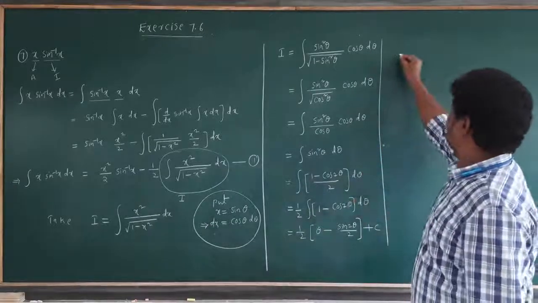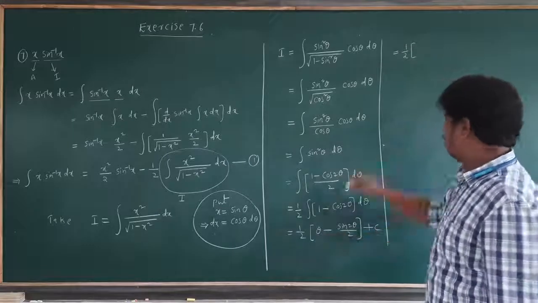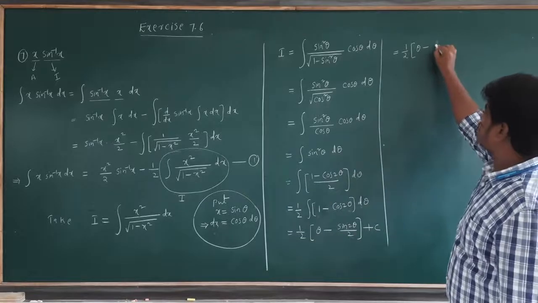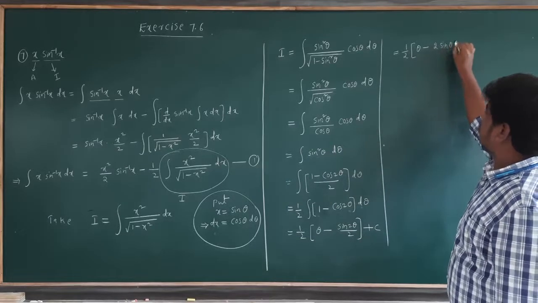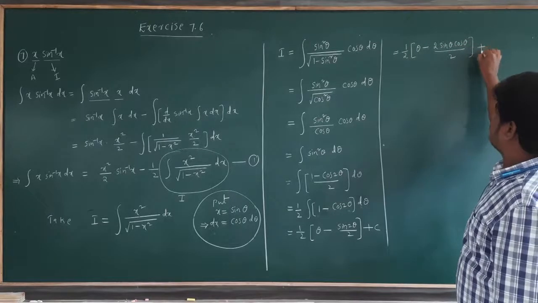Now that is equal to 1 by 2 theta minus sin 2 theta, which means 2 sin theta cos theta, divided by 2, plus c.